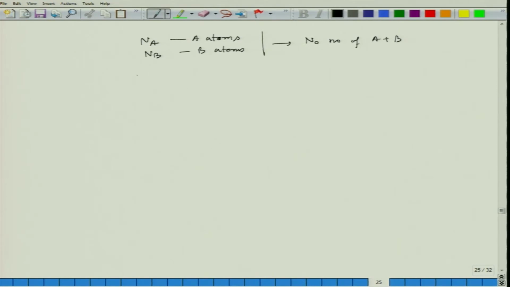So, then I can write omega as N0 factorial over Na factorial times Nb factorial. If I put it back, this can be written in this form.